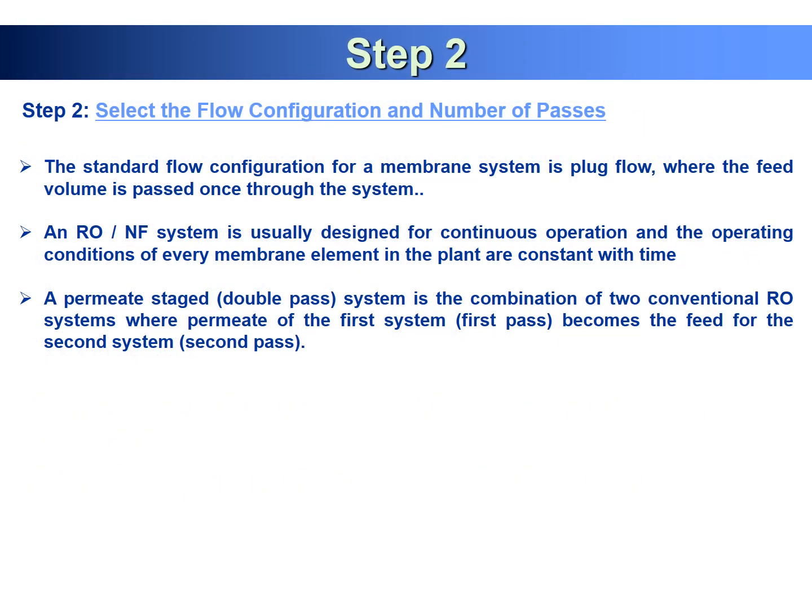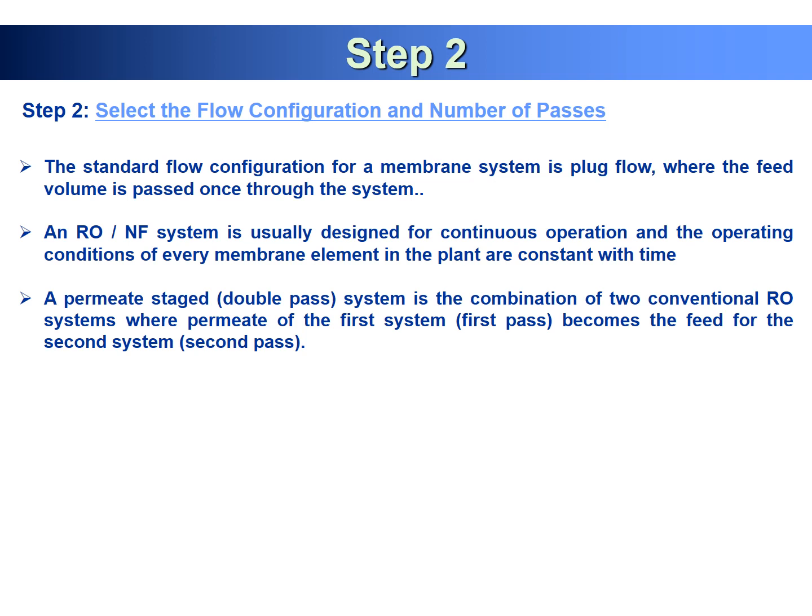Second step, select the flow configuration and number of passes. The standard flow configuration for a membrane system is single-pass flow, where the feed volume is passed once through the system. An RO system is usually designed for continuous operation, and the operating conditions of every membrane element in the plant are constant with time.